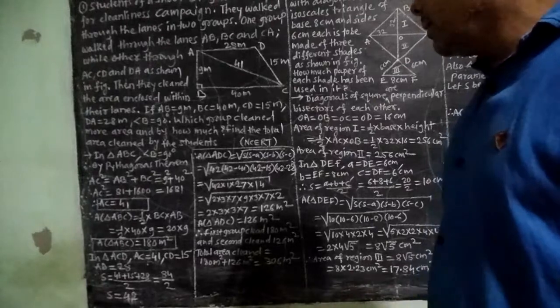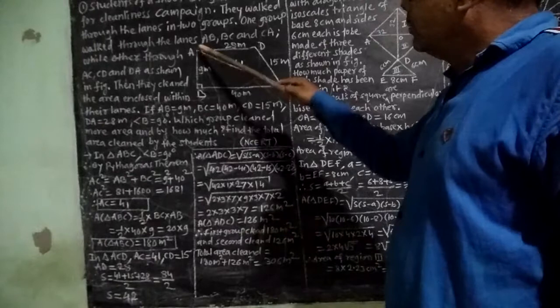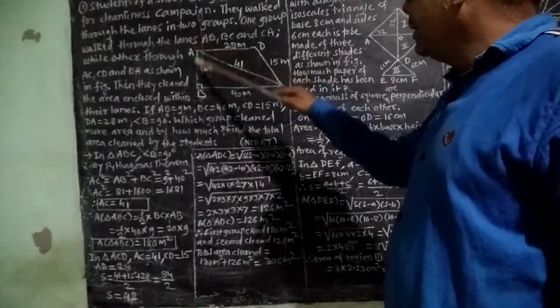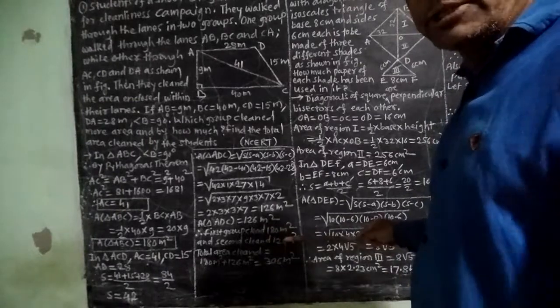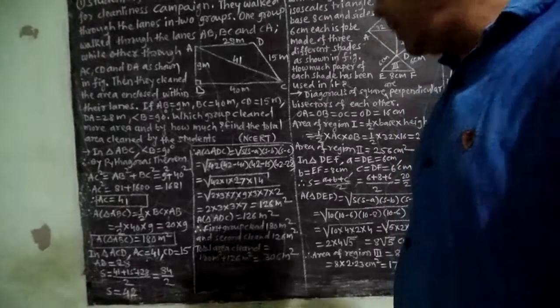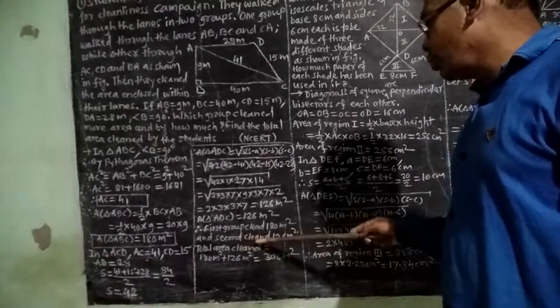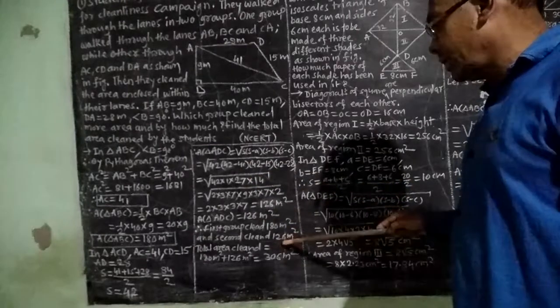So here the first group, which walked along triangle ABC, cleaned an area of 180 meter square, and the second group cleaned 126 meter square.